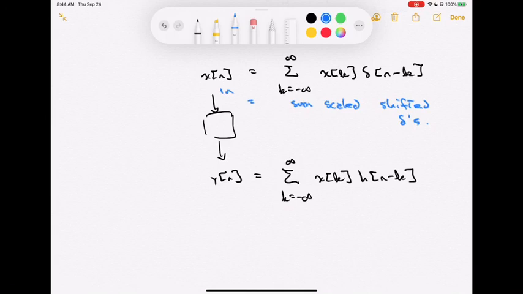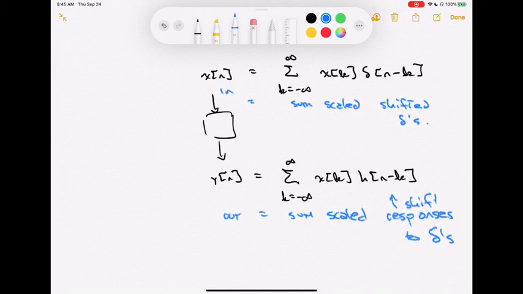What does this other one say? It says my output is equal to the same sum, same scaling, a sum of scaled responses to deltas. I should have said scaled and shifted responses to delta. So an input is represented as a sum of scaled and shifted deltas, and the output is the same sum of scaled and shifted responses to those deltas.